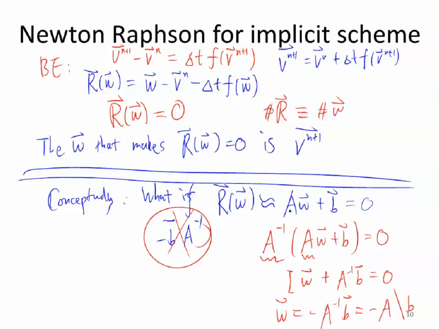Now let's get back to this. Now R is nonlinear. What would be a good linear approximation of R? Come on, you guys should already be an expert in Taylor series expansion, right? Doing all the truncation error stuff.